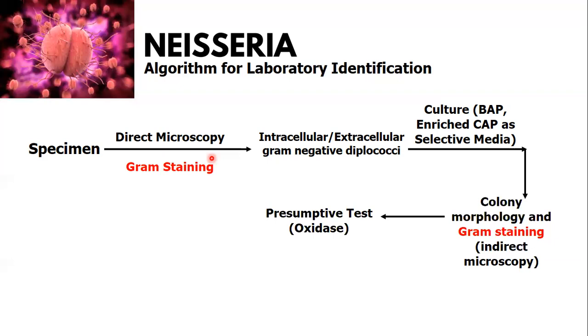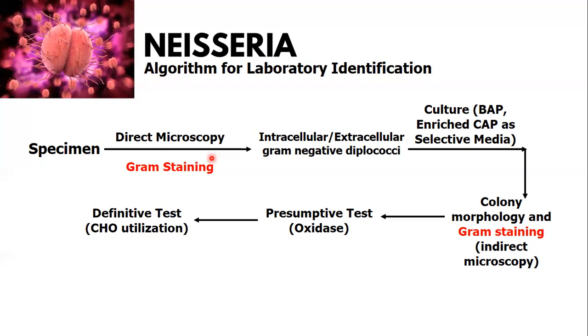So if the oxidase test shows a positive result, then you have to proceed to the definitive tool of identification, which is carbohydrate utilization test using CTA, to which glucose fermentation occurs in Neisseria gonorrhoeae, and maltose and glucose degradation occurs with Neisseria meningitidis.